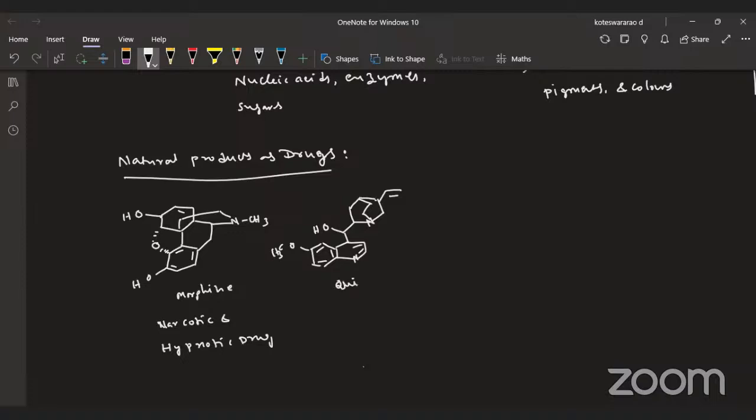Quinine. This is isolated from cinchona bark, and what is its activity? Anti-malarial. The first generation anti-malarial agent. Later, we have modified several drugs from this molecule.